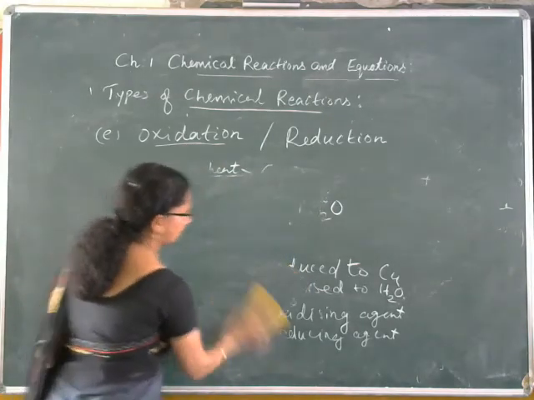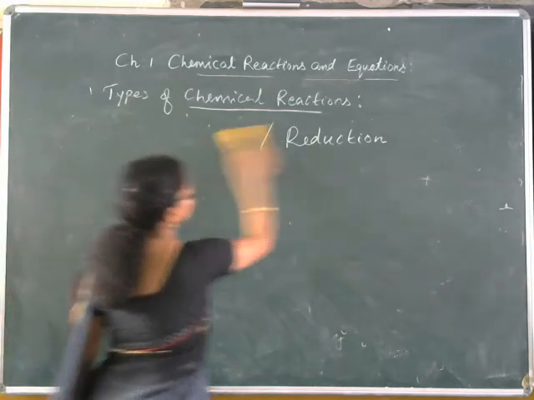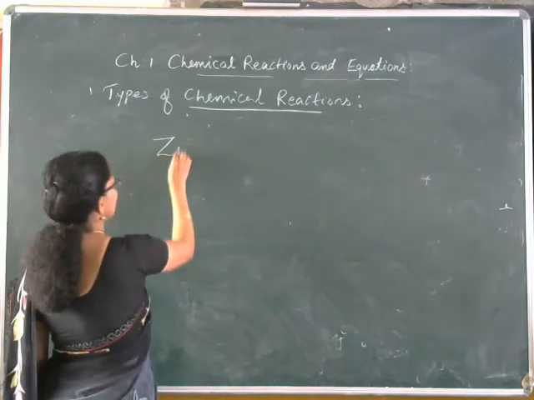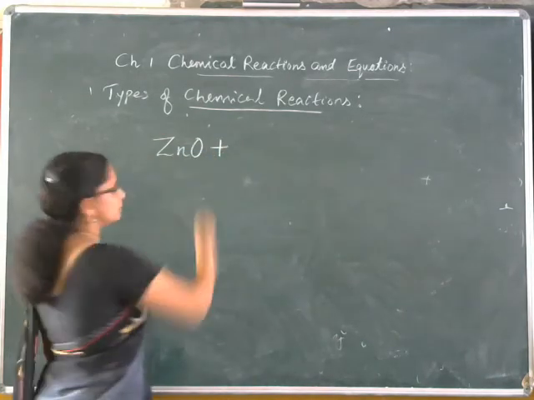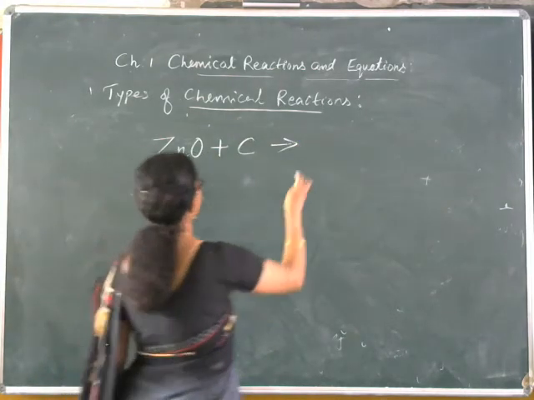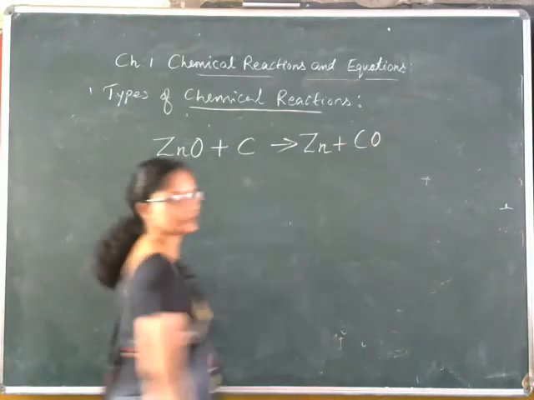Now, another example for this oxidation reduction reaction, that is zinc oxide plus carbon gives zinc plus carbon monoxide.